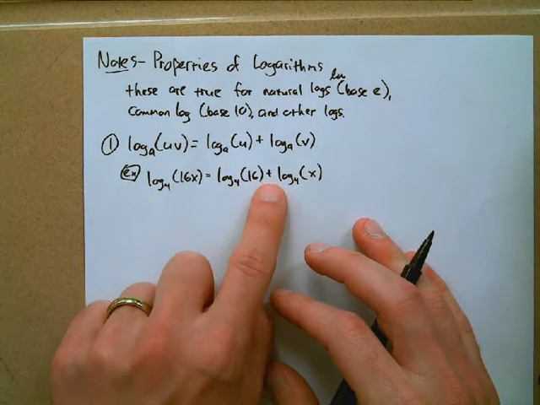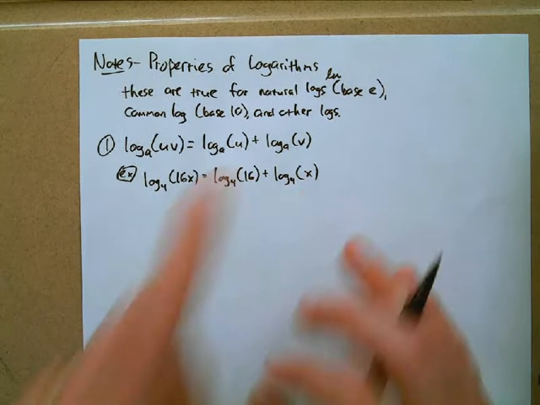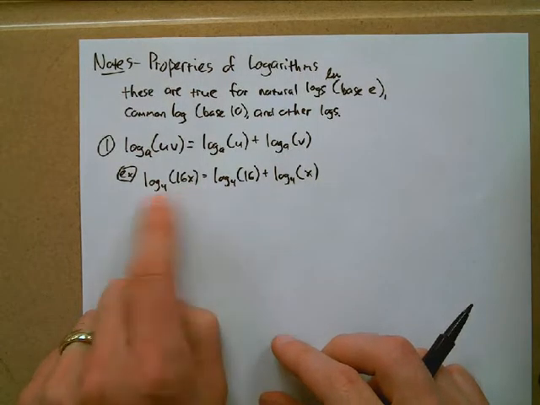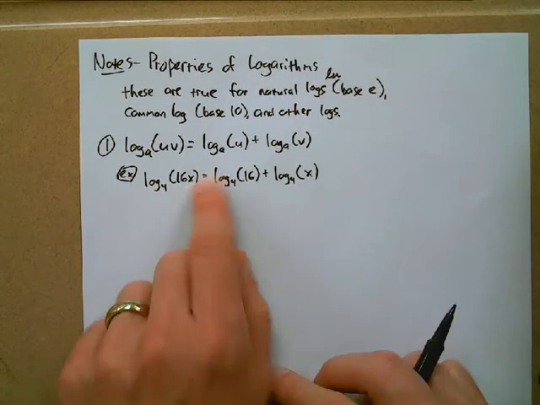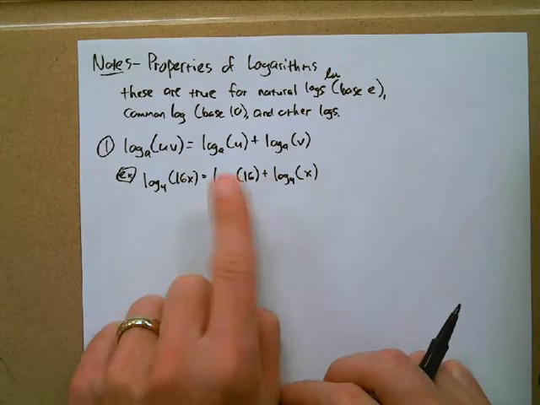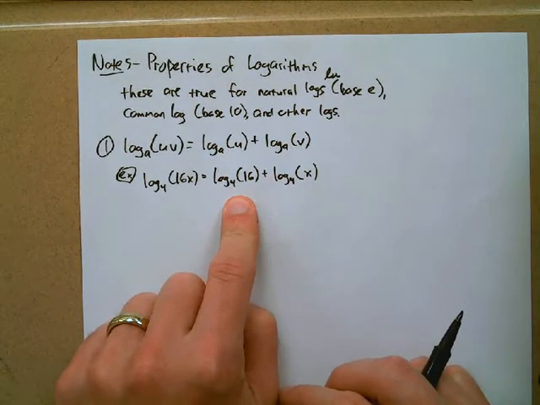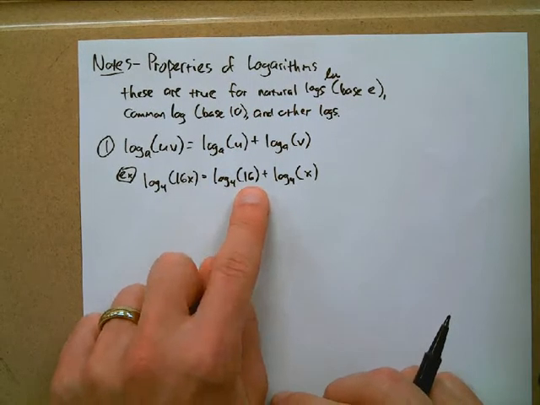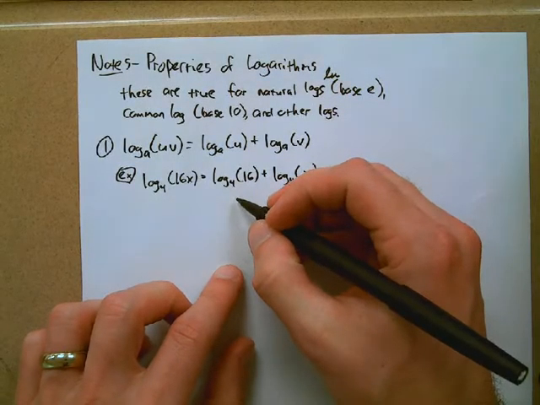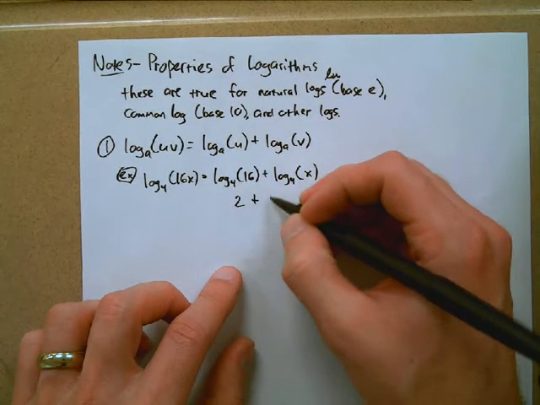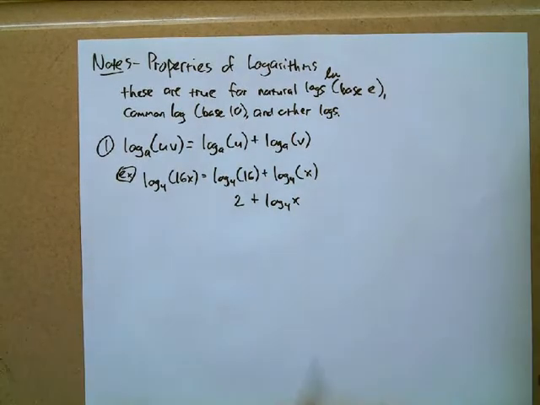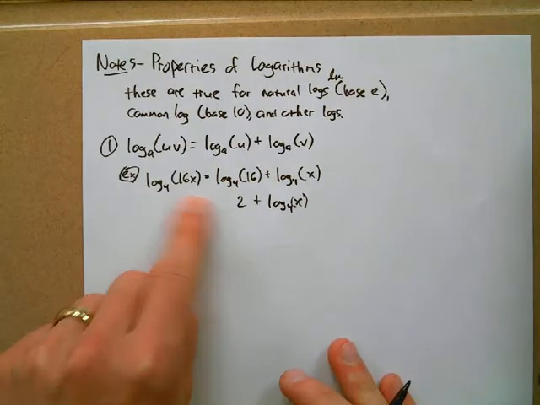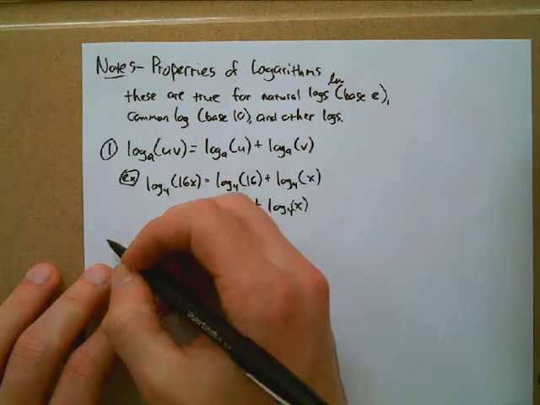The purpose is that we aren't able to simplify log base 4 of 16x easily, but when we break it into two pieces, we can evaluate log base 4 of 16. Remember, evaluating a logarithm asks the question: 4 to what power gives me 16? The answer is 2, since 4 to the second gives us 16. So this value is 2 plus log base 4 of x. Now we have a simplified version that we otherwise would not have been able to get without the property.